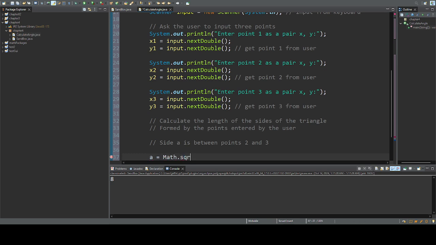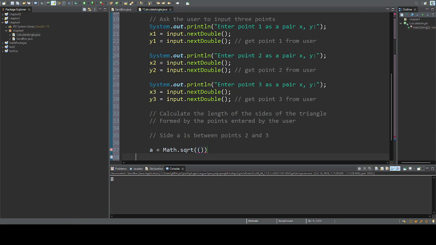What we're going to do is we're going to use Math.sqrt, and then inside here we're going to do a calculation, and the calculation is going to be Math.pow of x3 minus x2, squared, plus Math.pow of y3 minus y2, squared.